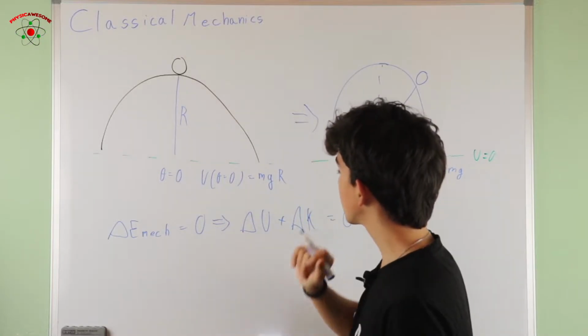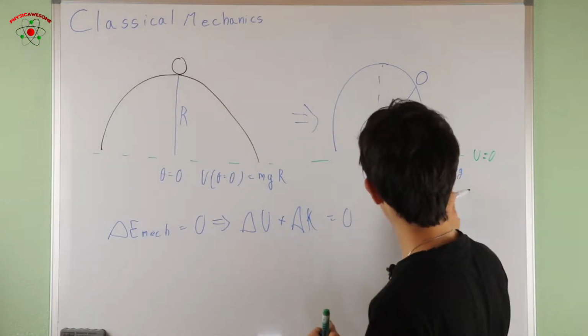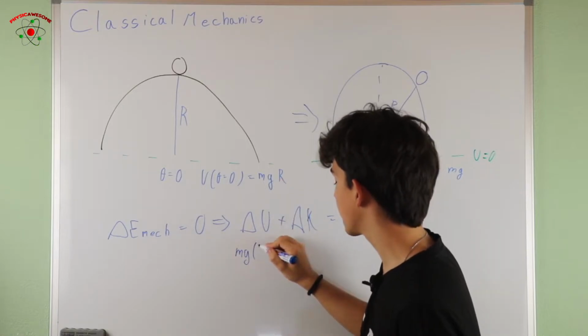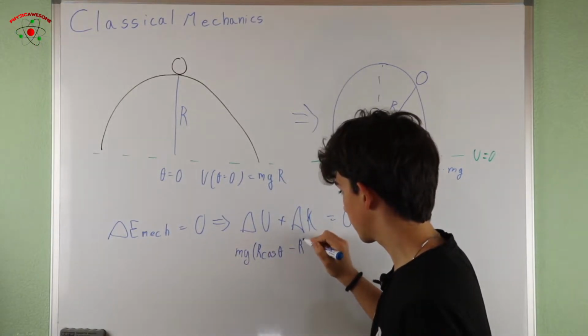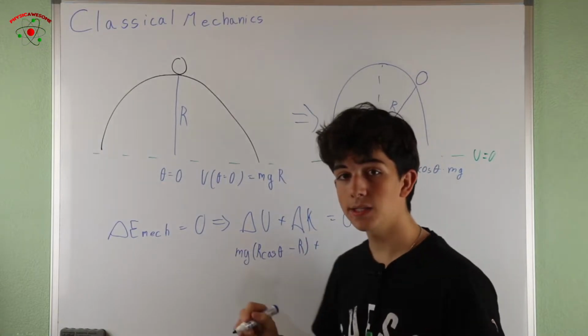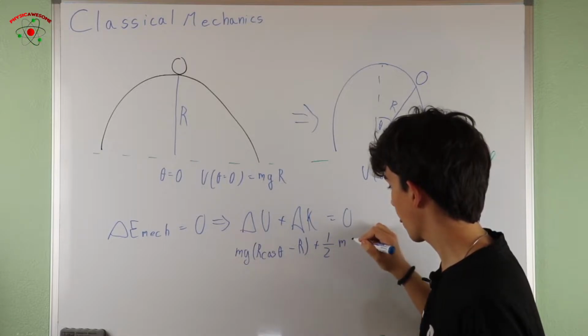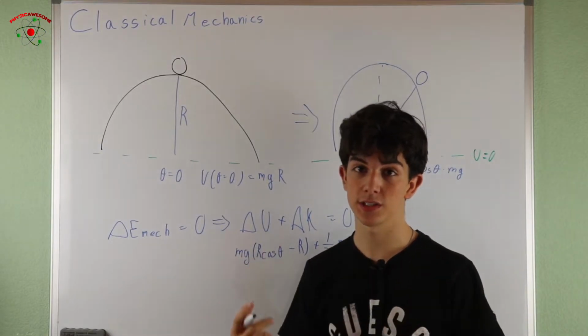So this is going to be our final potential energy minus the initial one plus our final kinetic energy minus the initial one, which is 0.